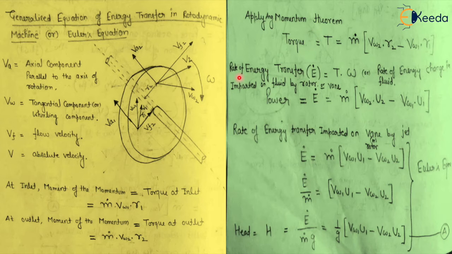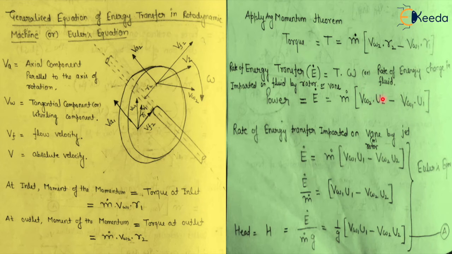Now what is the rate of energy transfer, or you can say power? Power is equal to torque into omega. Torque into omega is the rate of energy change in the fluid. If I multiply this equation with omega, then I get power equal to m dot into (VW2 U2 minus VW1 U1), because U is equal to R omega.